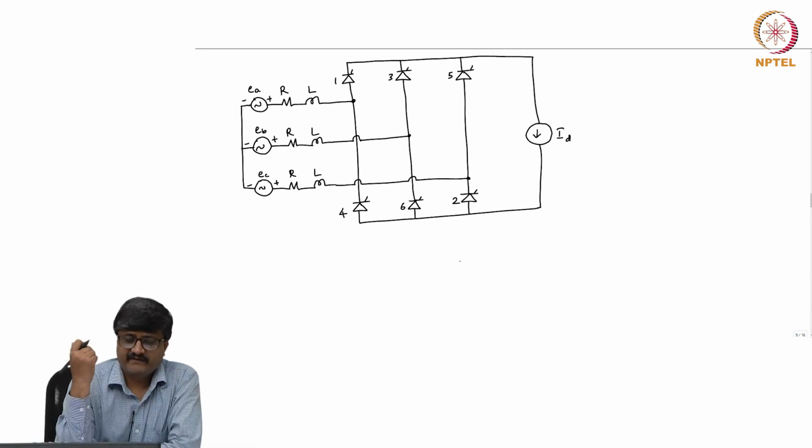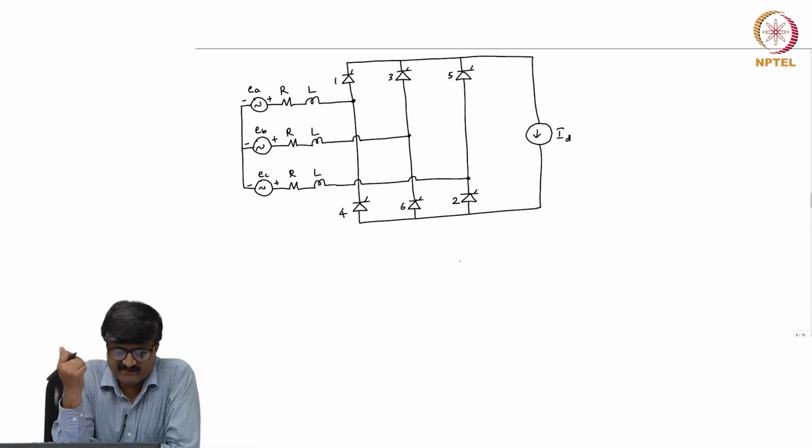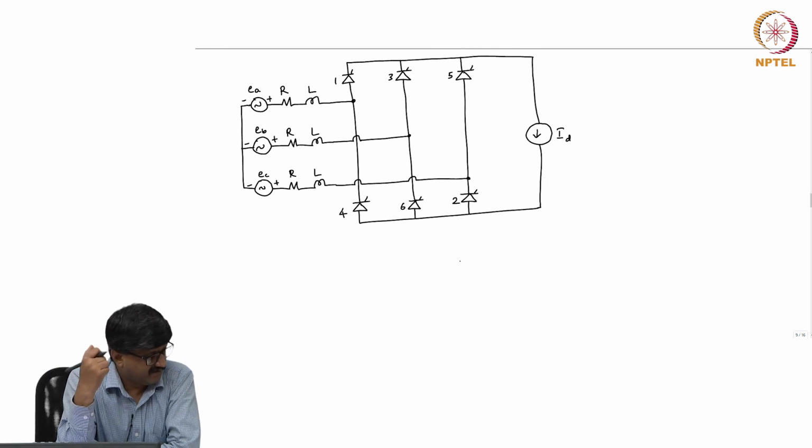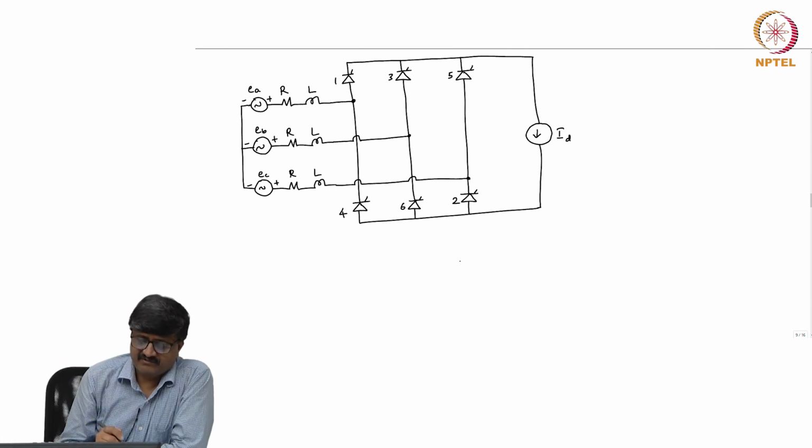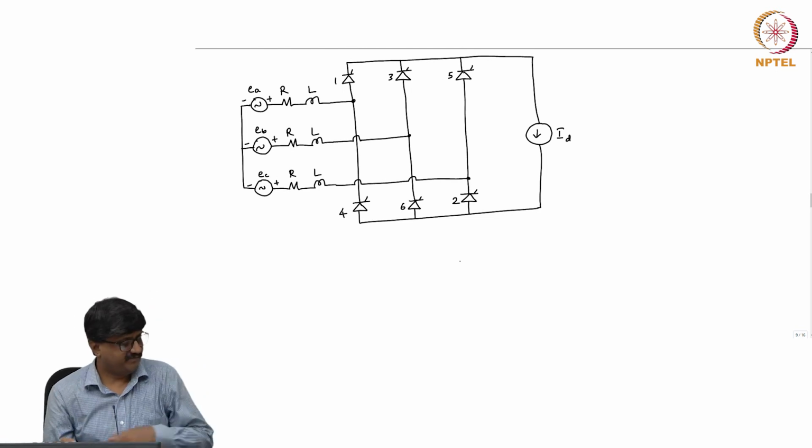So, as in the case of the previous circuit where there was no R, here also we can consider 2 modes of operation, 2 and 3 valve conduction mode or 3 and 4 valve conduction mode. Suppose I take 2 and 3 valve conduction mode.